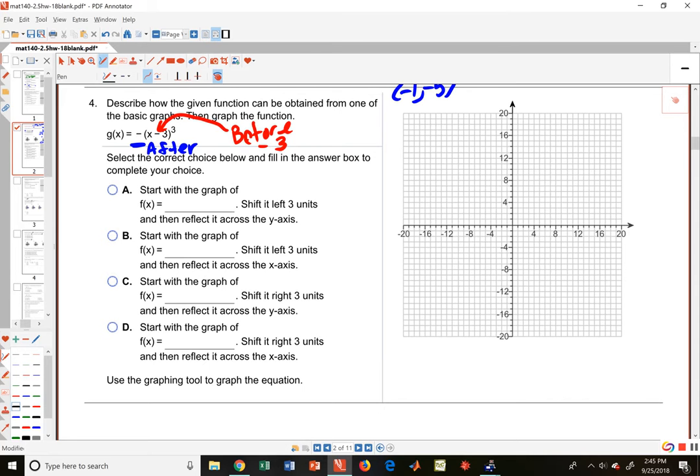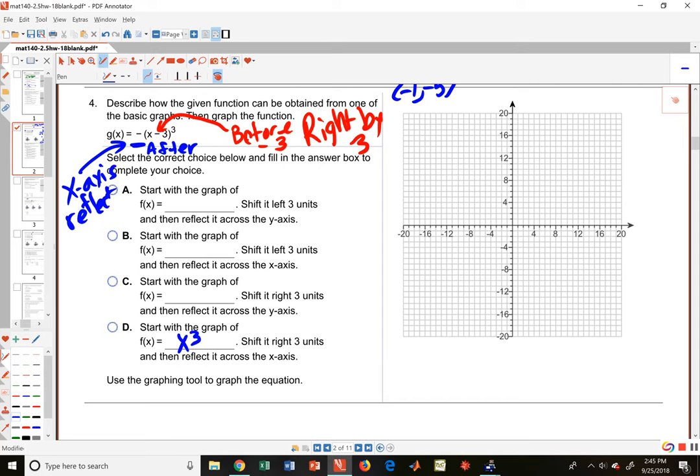And then this is going to cause a reflection. Shift right by 3, and then the negative on the outside, what it does is it flips the whole graph across the x-axis. This is an x-axis reflection.